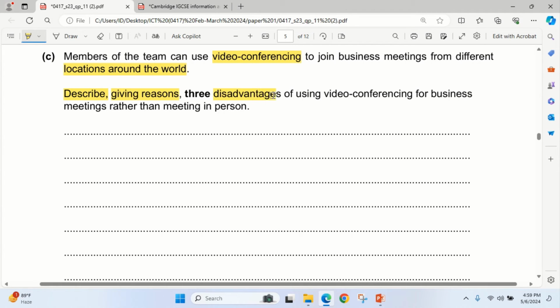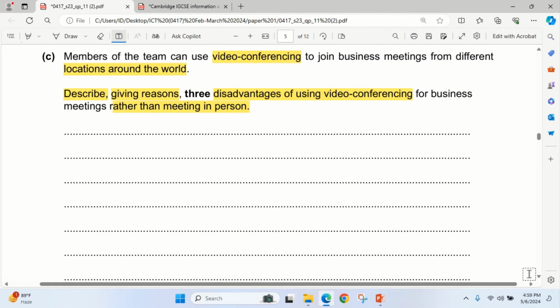The 3 disadvantages of using video conferencing for business meetings rather than meeting in person. So when you are giving this, you have to consider both sides of the argument. Okay, so you are describing, then you give reasons for your description. This is very important when answering this type of question.